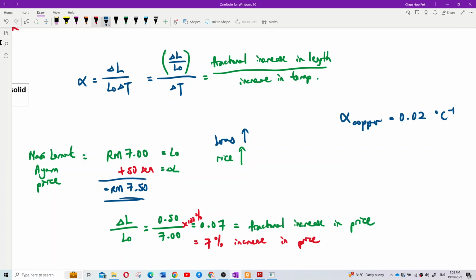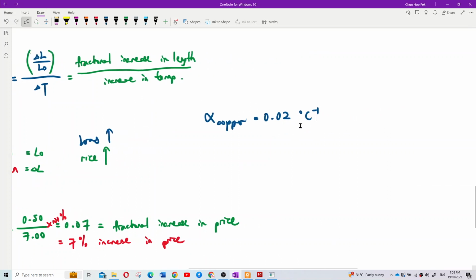So what does this value mean, class? It means there is a 0.02 fractional increase in length per increase of 1 degree Celsius.